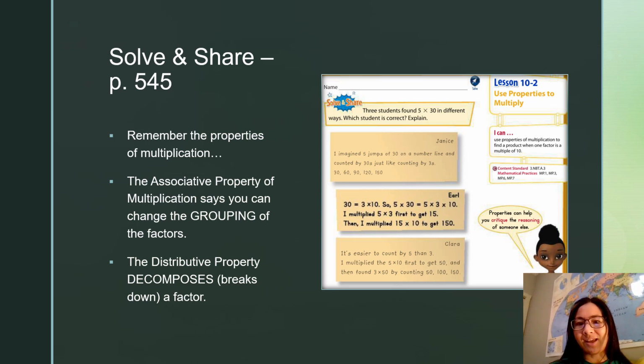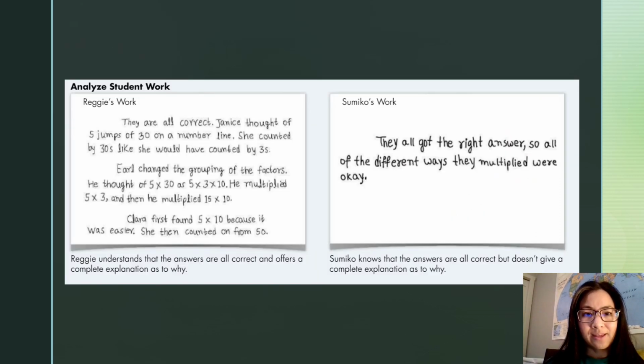Let's go to the next slide and read some other sample students' answers and analyze some student work. Here we go. Reggie says they are all correct. Janice thought of 5 jumps of 30 on a number line. She counted by 30s like she would have counted by 3s. Yeah, so Reggie just restated Janice's strategy. He then writes, Earl changed the grouping of the factors.